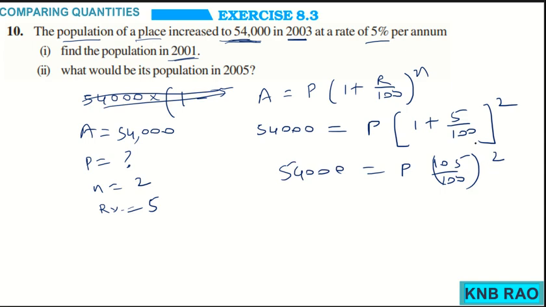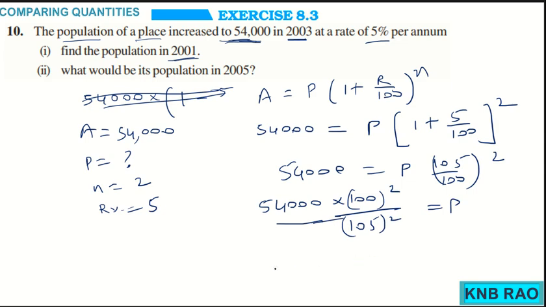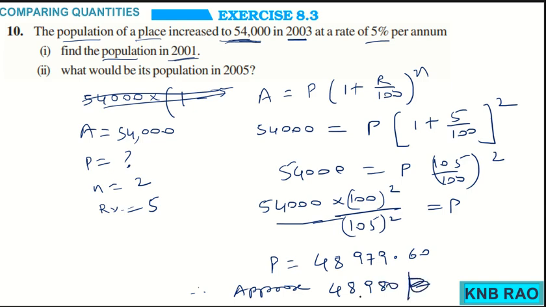So, P into this fraction is transposed there. So, 54,000 into 100 square goes to the numerator upon 105 square comes to the denominator. That will be the value of P. After simplification, P becomes 48,979.60. Since it is population, we will say approximately 48,980 people were there.